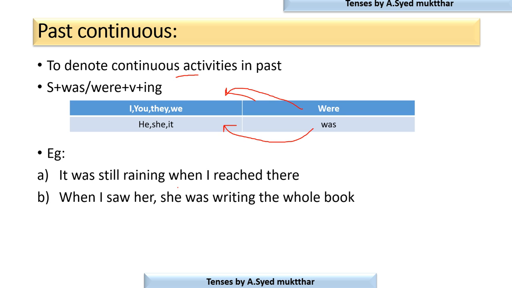When he reached there, at that moment the rain was happening. Reached is past, so in the past this action is prolonging. So this is past continuous. When I saw her, she was writing the book. When I saw is a past form, was writing is a past continuous verb.